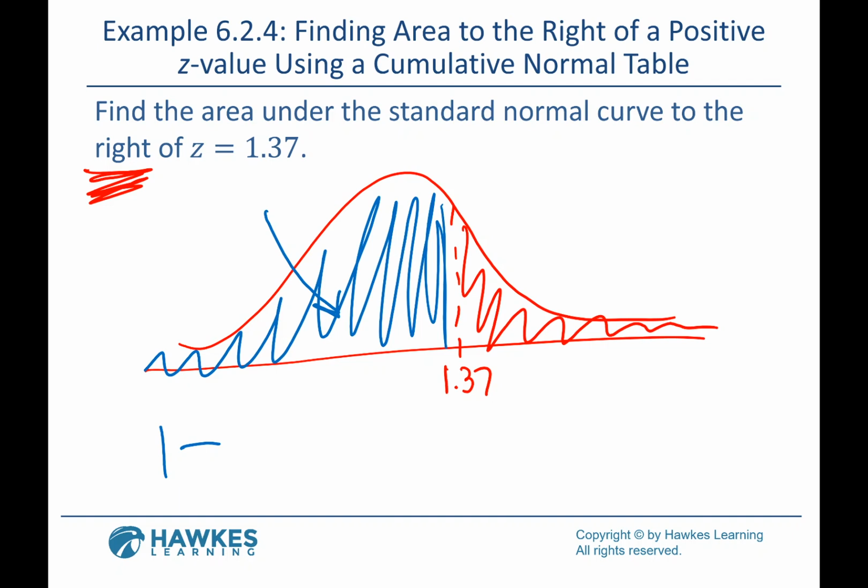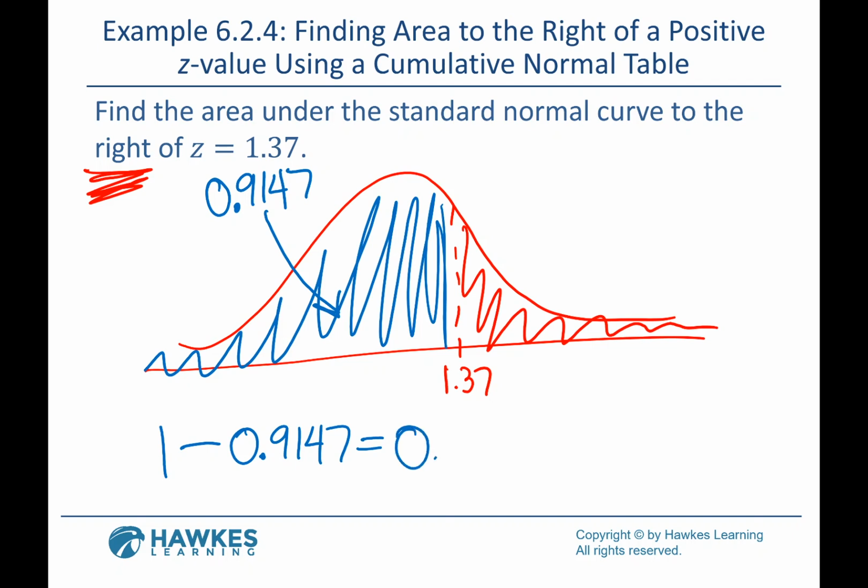Yeah, we got 0.9147. Then we could subtract. 1 minus 0.9147.